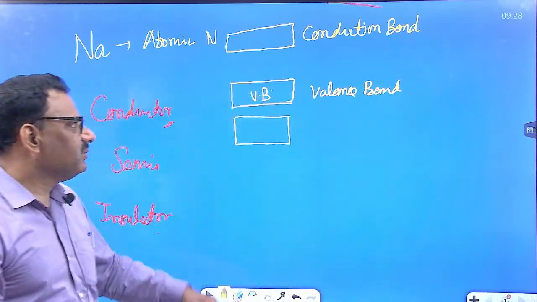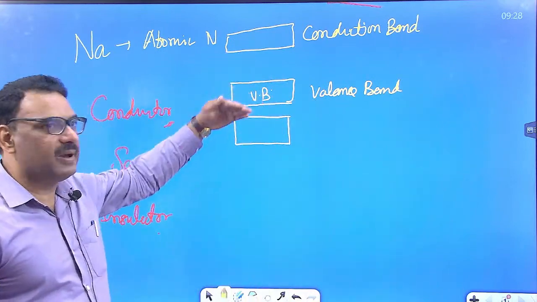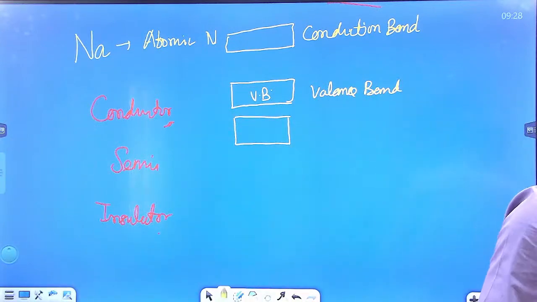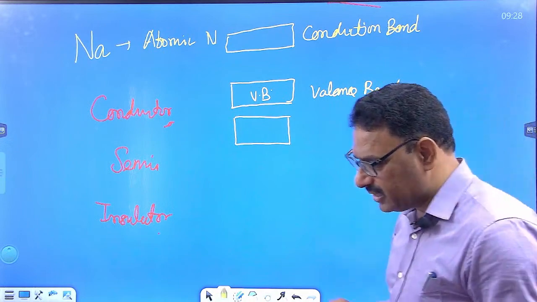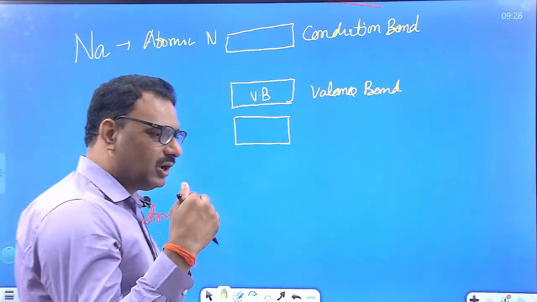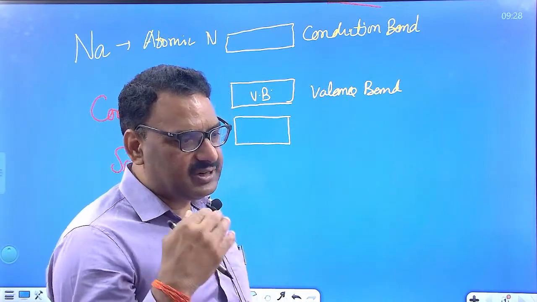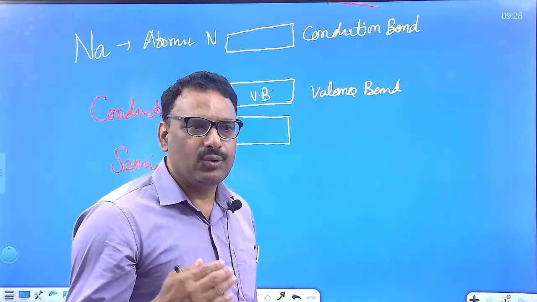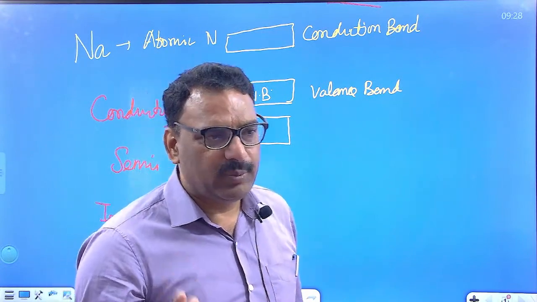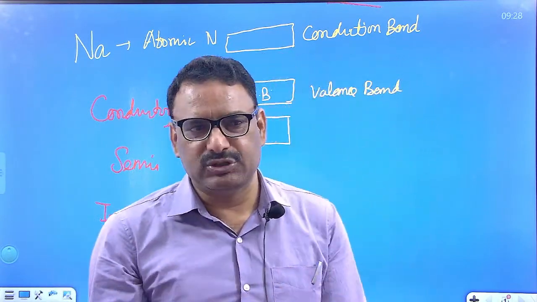So what is the difference between these two, conduction and valence band? Valence band means, as per the atomic structure of any atom, electrons are distributed in different energy levels. Electrons of the outermost orbit, the outermost energy levels, are known as valence electrons, because in covalency or electrovalency, outermost electrons are responsible.